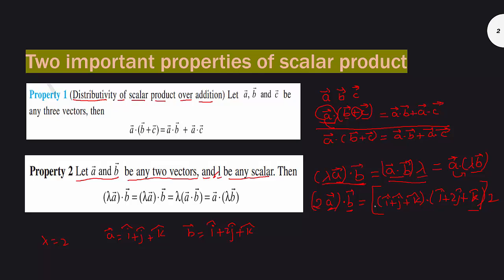That means first you can make the dot product of the given two vectors, then you can multiply it with the scalar. Clear?